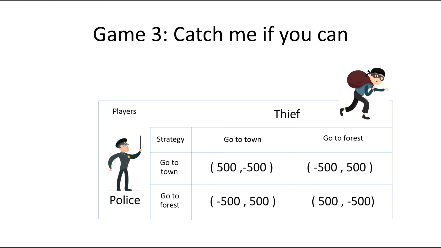Good for the thief. But if the police goes to the forest and the thief goes to the forest too, then this is good for the police, and the police will catch the thief and get 500 U-tunes while the thief will lose 500 U-tunes. This is game number 3. Catch me if you can.